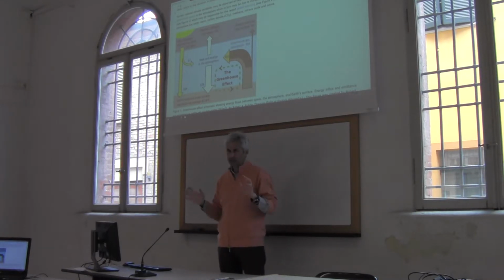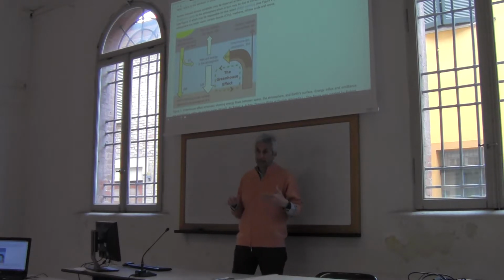There are two ways to analyze the changing climate. One is inductive: we look at past data, we look at trends, tendencies, and try to extrapolate them into the future. This is an inductive approach. It starts from observation.